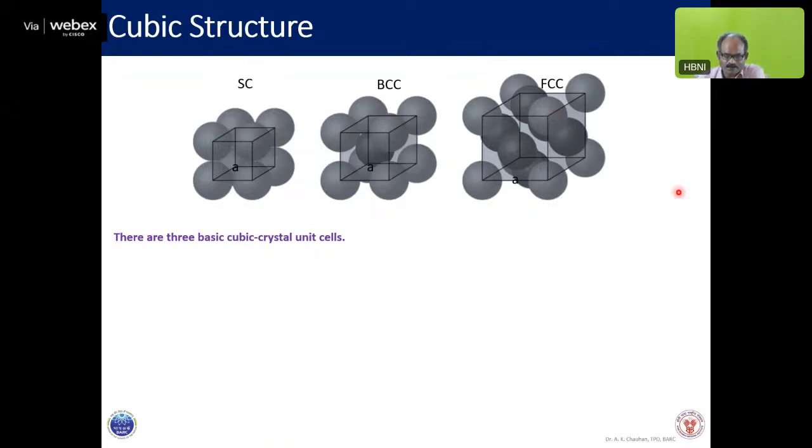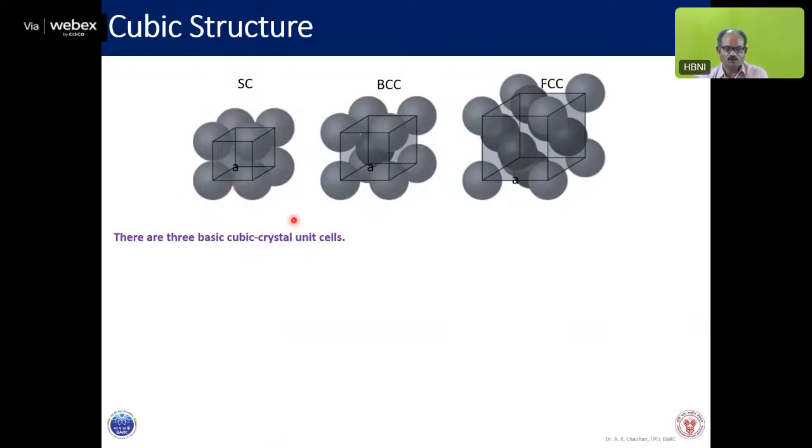So there are 3 Bravais lattices in cubic structures. One is simple cubic, where suppose I consider a monoatomic crystal, that means the basis is a single atom. Suppose any atom you consider, suppose atom A. In solid state physics, we normally consider atoms as spheres, since we are not going into mathematics in detail. So there are 8 atoms.